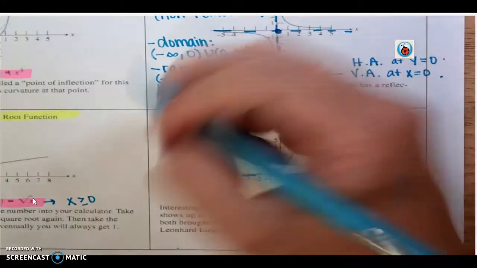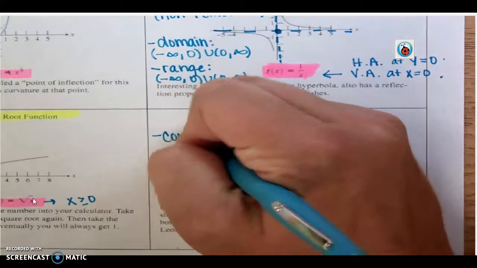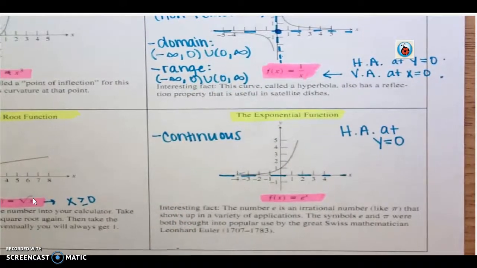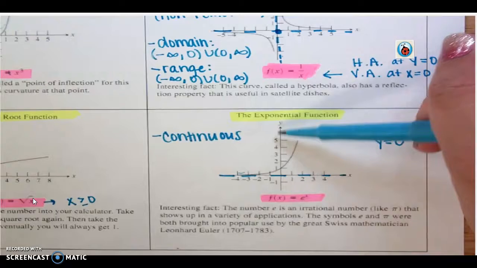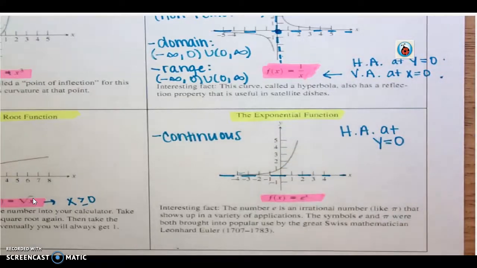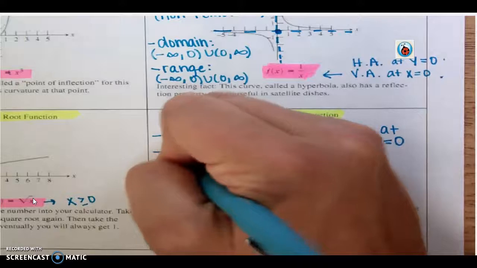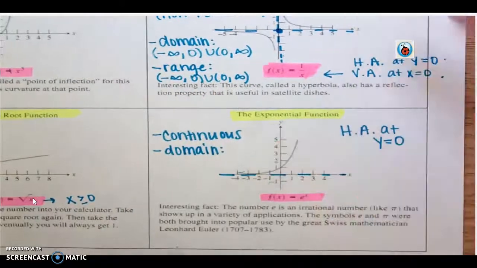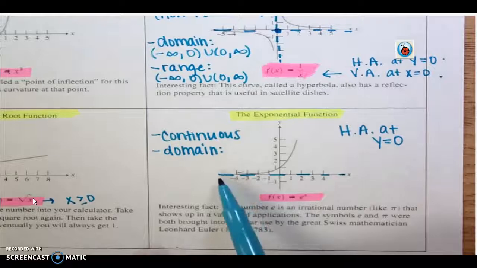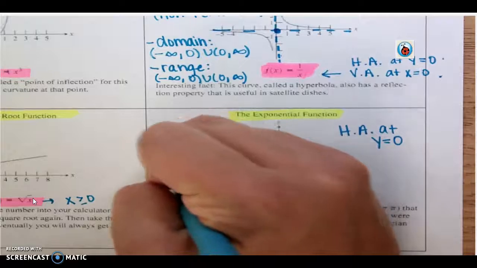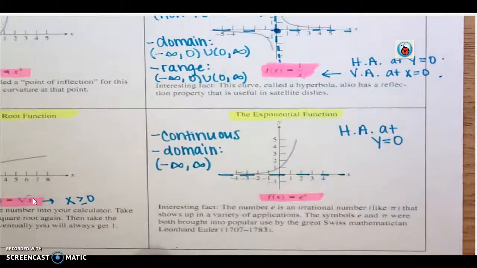It is continuous. So even, odd, or neither. It is not symmetric around the y-axis, and it's also not symmetric around the origin. So it's going to be neither. Then we're going to look at our domain. Our domain are our x values. If we're going along this line here, it could be any x values. Any x values will work. So from negative infinity to positive infinity.